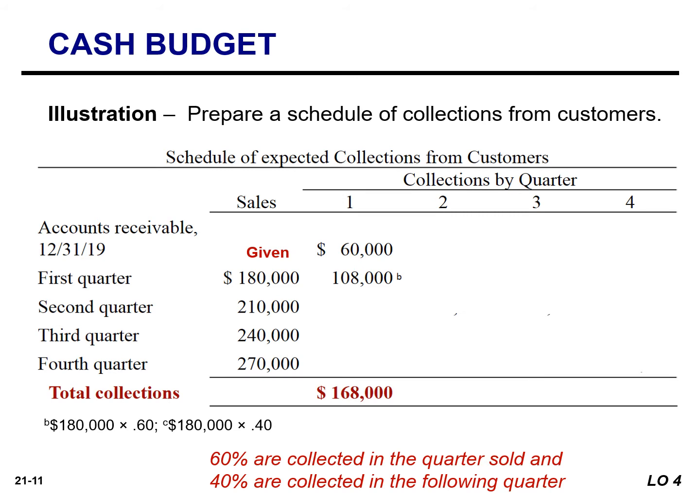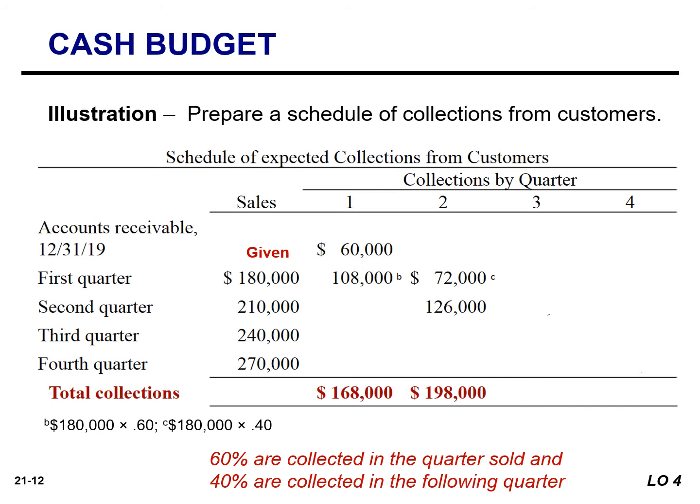In the second quarter, the company collects the remaining 40% of the first quarter sales, or $72,000, as well as $126,000, which is 60% of the second quarter sales of $210,000. Second quarter receipts are $198,000.